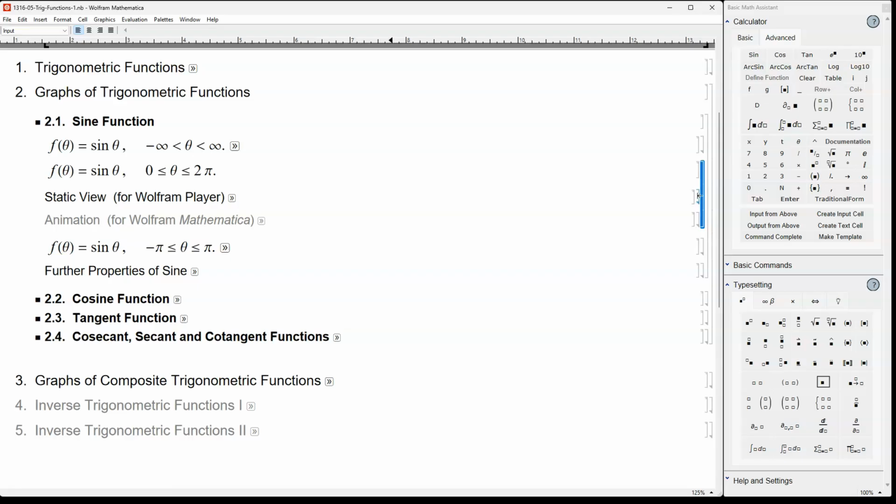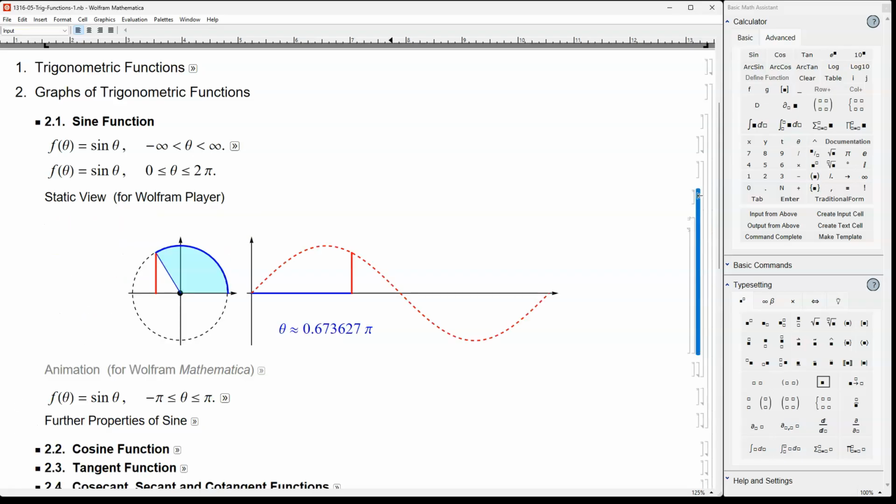First, a stepping stone, a static view. So the definition of sine function on your left-hand side, and the graph of sine function on your right. The definition: sine function is defined as sine of theta is y over r, isn't it?